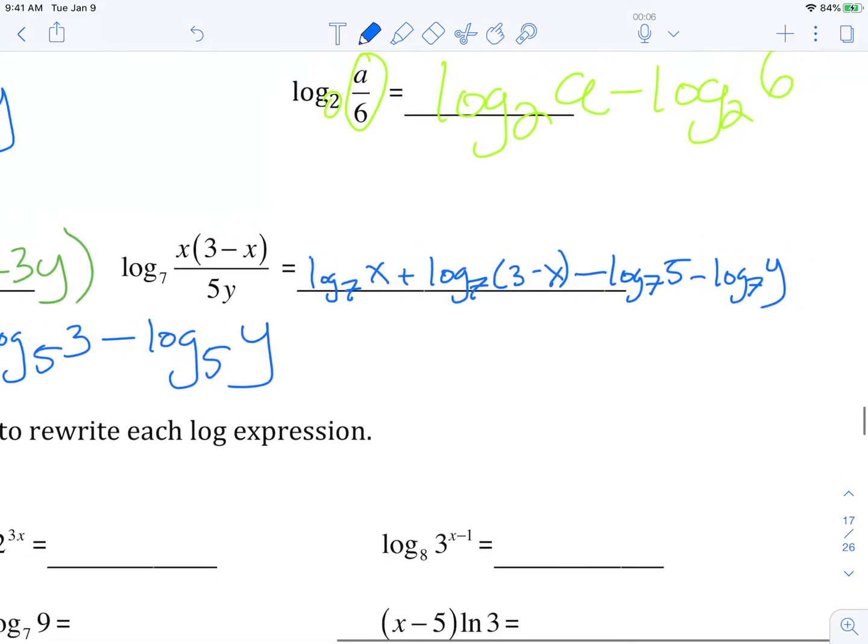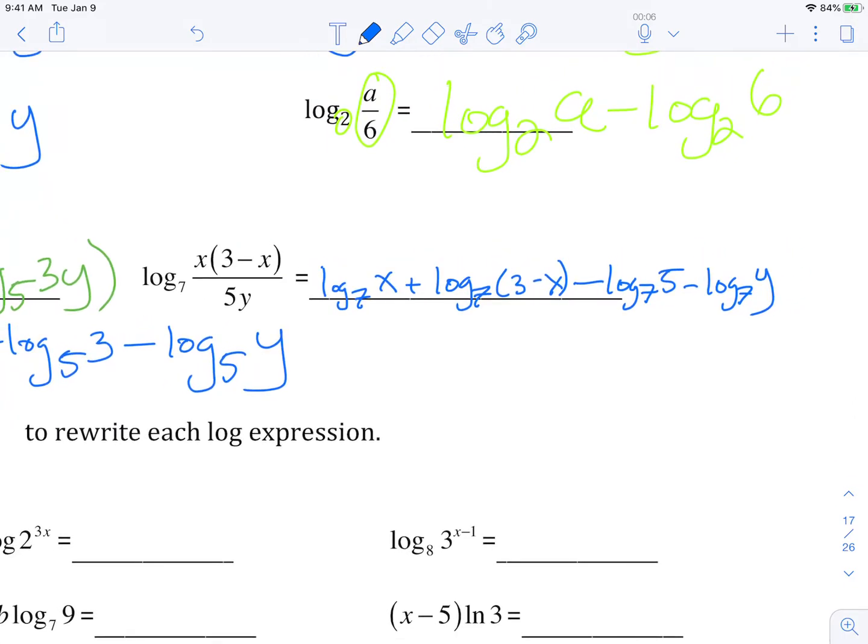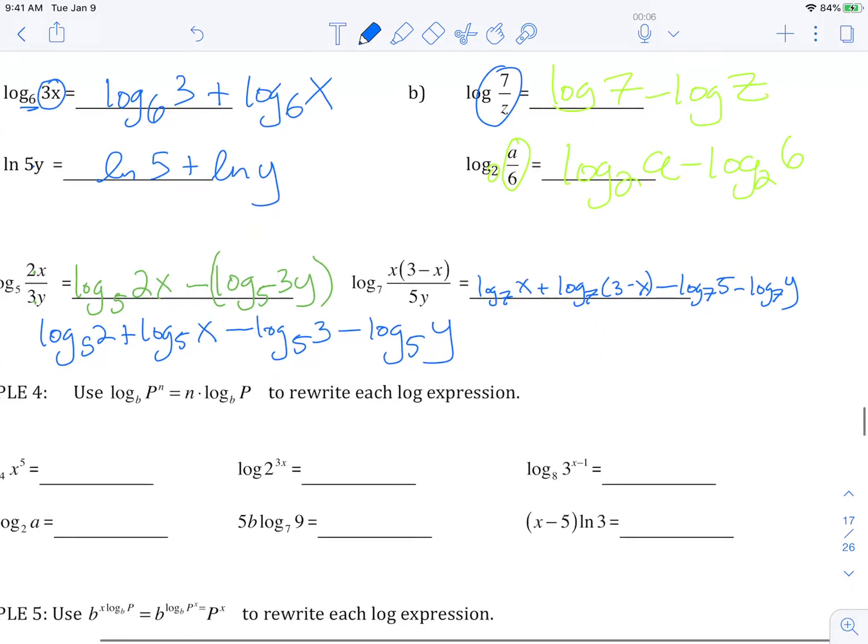So you may come up with your own kind of generalization, like, if it's in the denominator, it's going to be minus. Yeah, that's good. That's right. Exactly right.